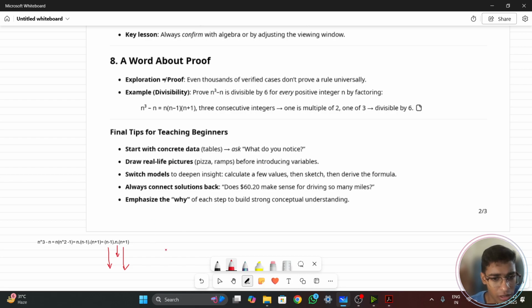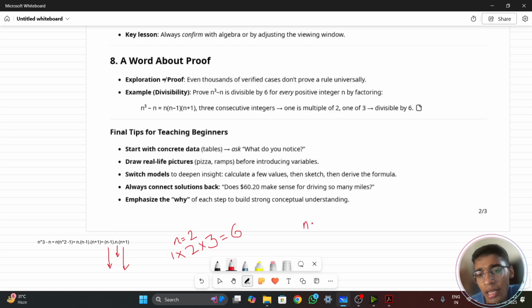If I take n equals 2, then n minus 1 is 1, into n, which is 2, into n plus 1, which is 3. I will be getting 6, which is divisible by 6.